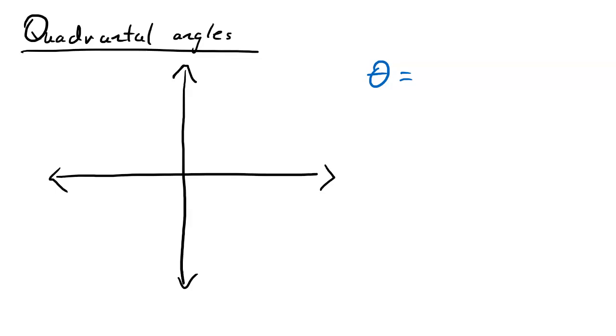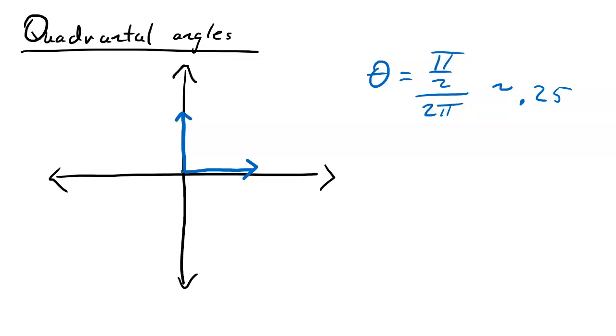So if you take some random angle, like pi over 2, and you divide this by 2 pi, I shouldn't call this theta, but whatever. Pi over 2 divided by 2 pi will be 0.25. So this is saying it goes a fourth around the circle, and a fourth is just the positive y-axis.